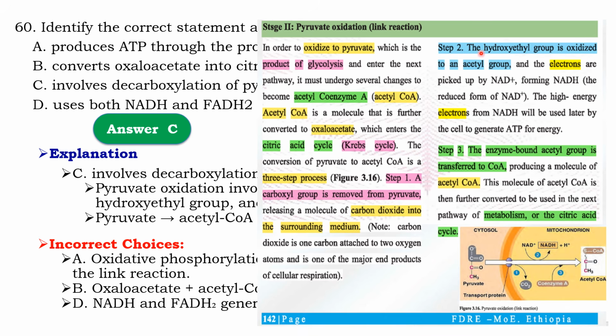In step 2, the hydroxyl group is oxidized to an acetyl group, and the electrons are picked up by NAD plus, forming NADH. In step 3, the enzyme-bound acetyl group is transferred to coenzyme A. So the answer should be C.